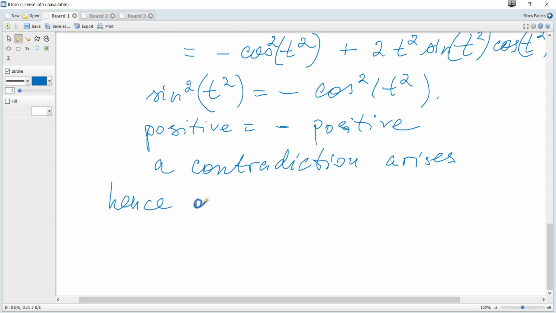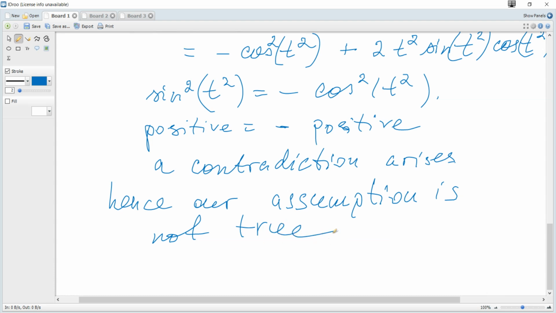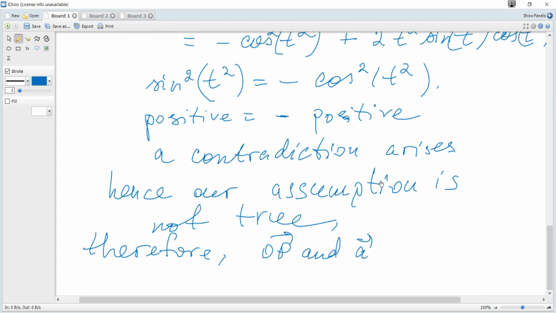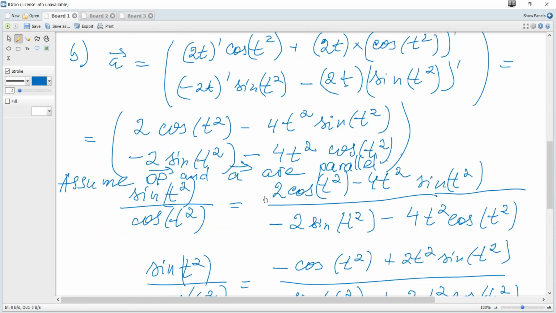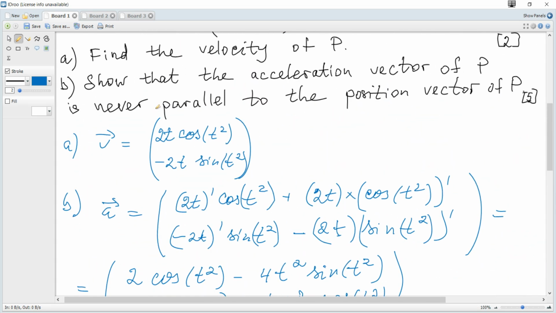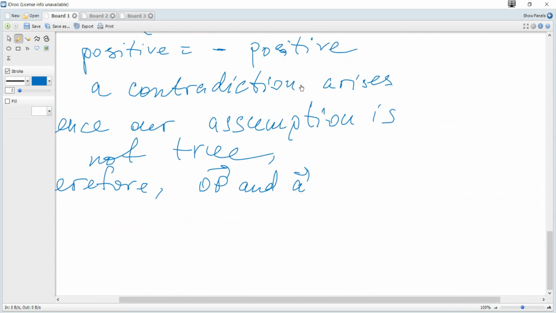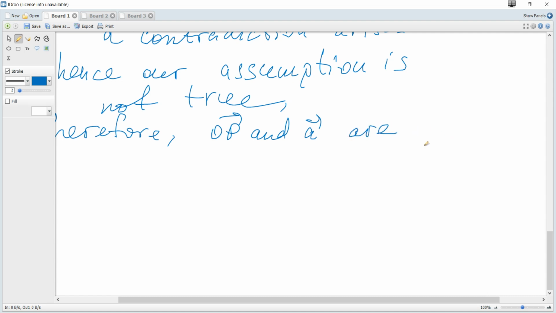Hence our assumption is not true, therefore OP and R cannot be parallel, or what is given is never parallel.